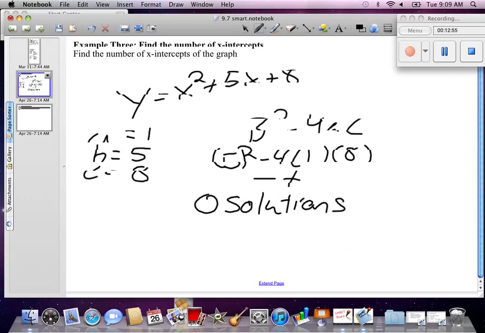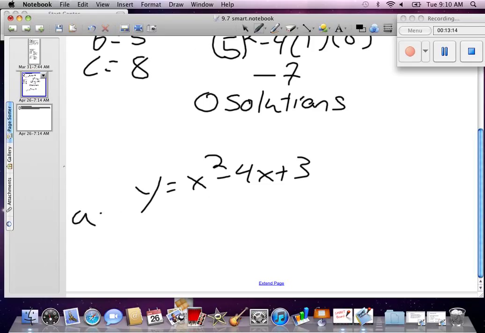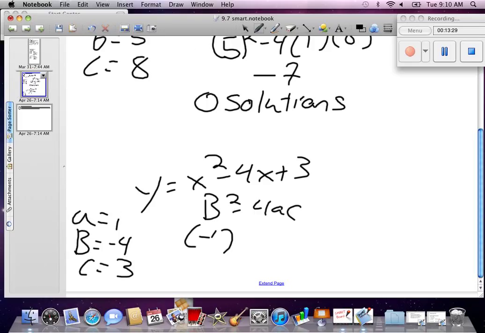Okay. Let's move on to part B. All right, Yusuf. Is this in standard form? I'm on part B of example 3. Can you tell me what A, B, and C are? Cheyenne, can you put this in b squared minus 4ac for me? -4 what?